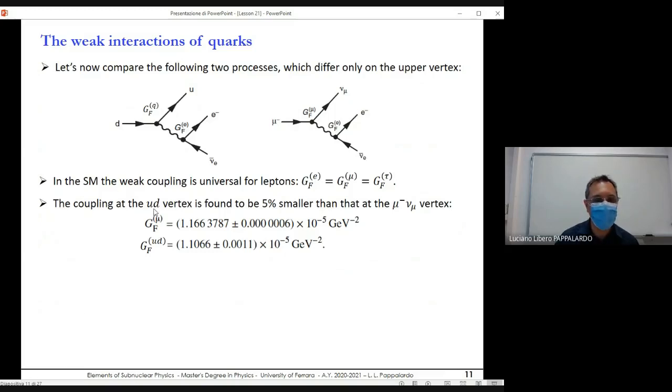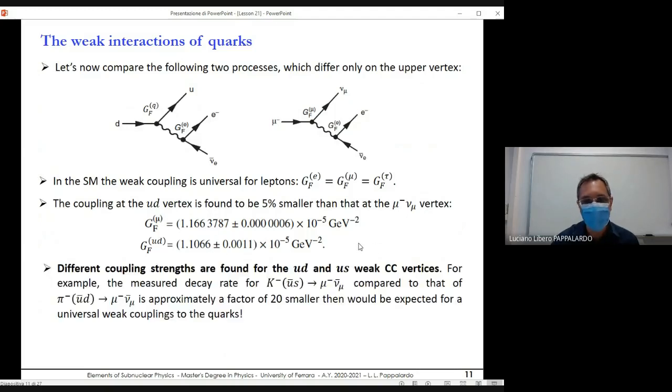In other words, the coupling at the ud vertex is found to be 5% smaller than that of the muon vertex. You see here the two values, you can compare them. And there are situations where the difference is even higher. Let's compare, for instance, the K minus decay into muon with the pi minus decay into muon. In one case, we have a u-bar s quark content. In the other case, we have a u-bar d quark content.